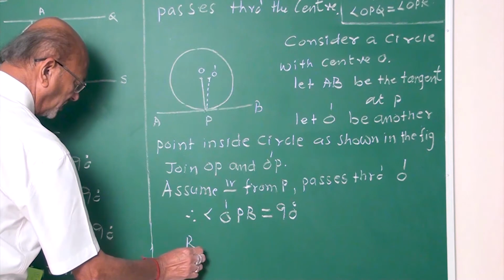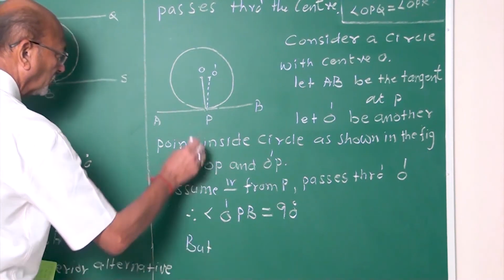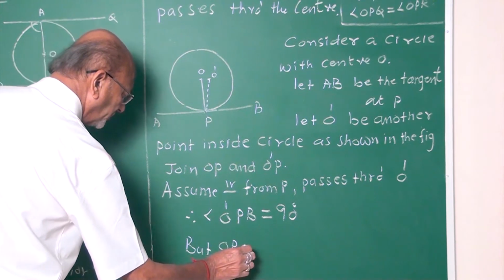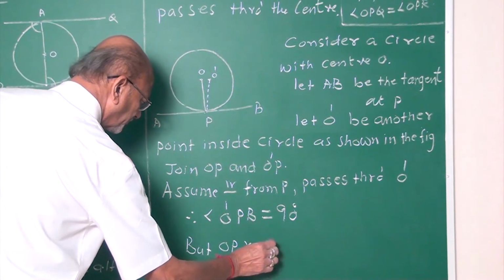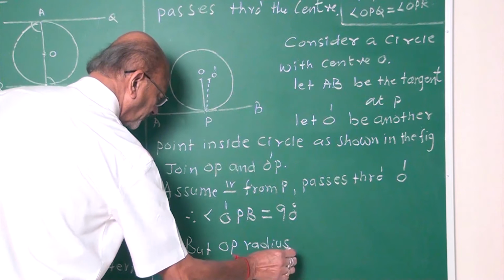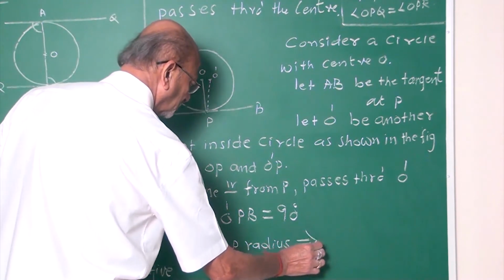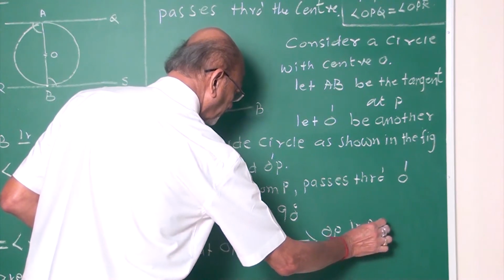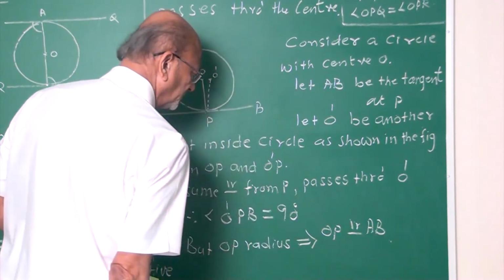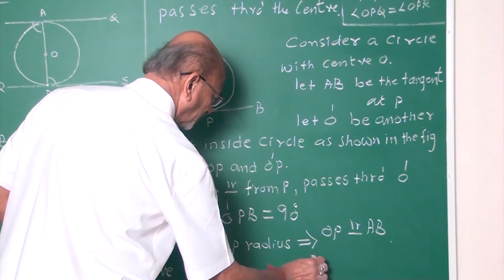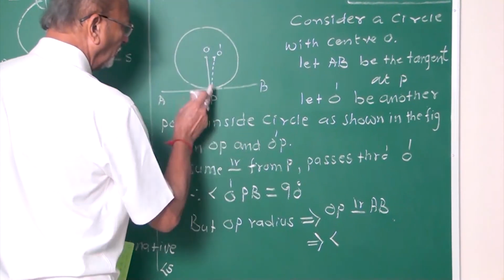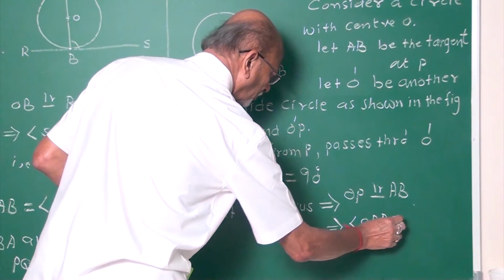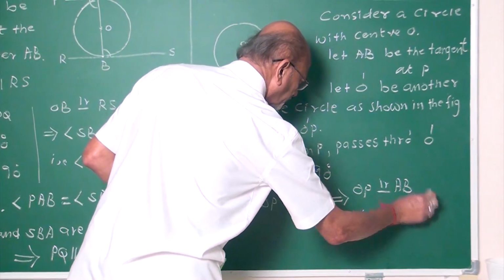But according to your theorem number 1, OP is the radius, which implies OP is perpendicular to the tangent at P, which implies angle OPB is 90 degrees.